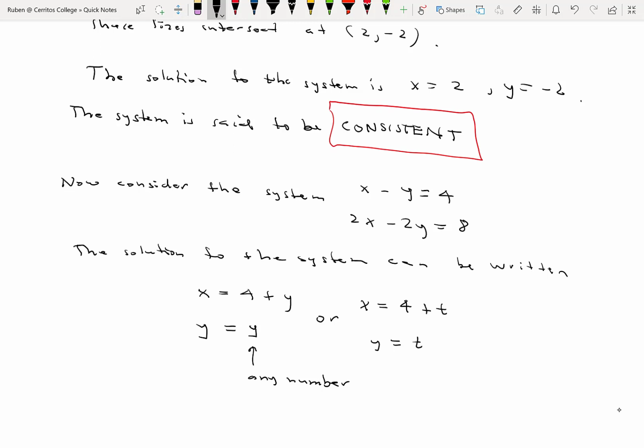So a second way of doing this would be to write the x and y in terms of an additional variable, and it's often called a parameter in terms used in systems of equations. It's often called a free variable, but I'm not going to write that out for right now. The idea of a free variable. You could also write it as an ordered pair, 4 plus y, comma y.